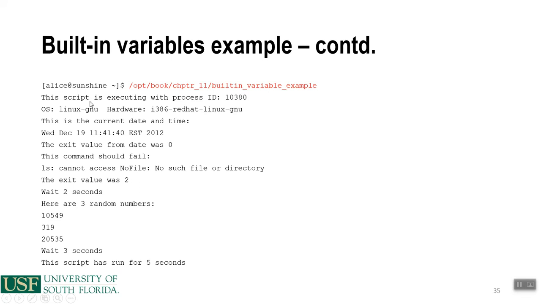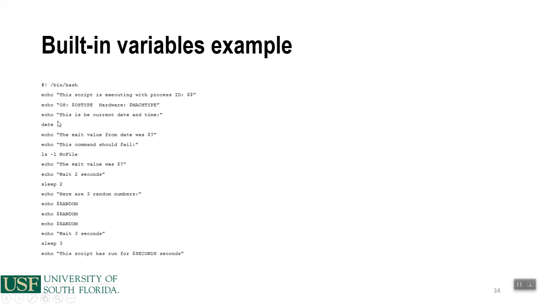So the output from this is that this script is executing with a process ID of this one. The OS is Linux GNU, the hardware is this, and so on and so forth. So you can get all of those built-in variables accordingly. Other built-in variables include random. If you wanted to include random information or random numbers, you can echo different things.